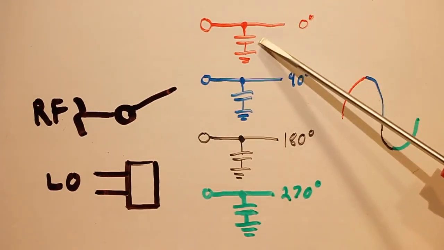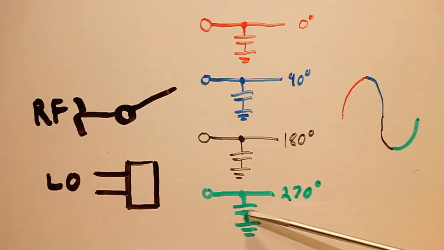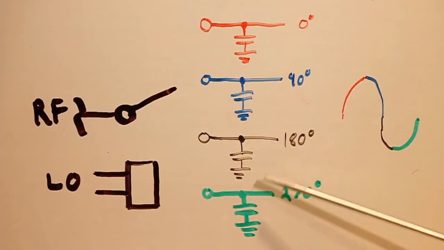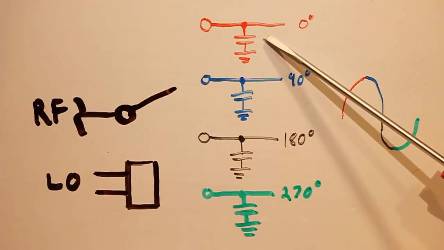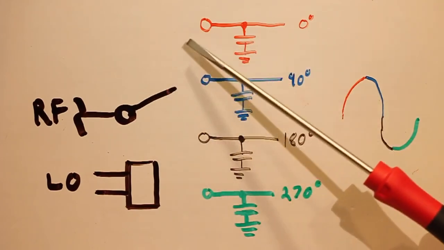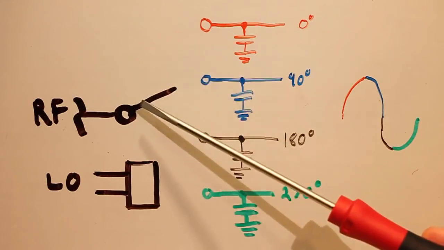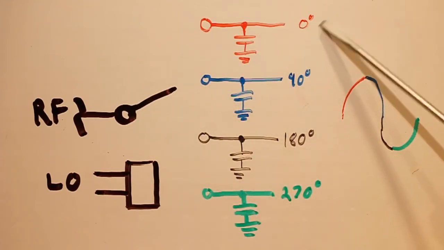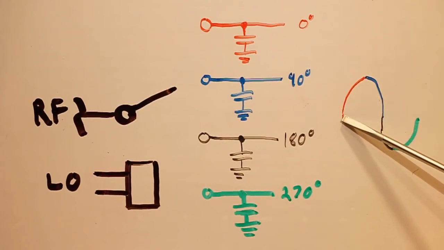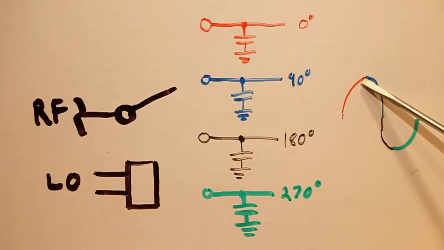Now you'll notice that there are capacitors on each of these outputs, and the reason that they're there is simply to sample and hold the voltage that they see. So they're just going to track whatever voltage they see while the RF input is connected to them. So for example, this first output, the 0-degree output, is going to track this red portion of the signal.